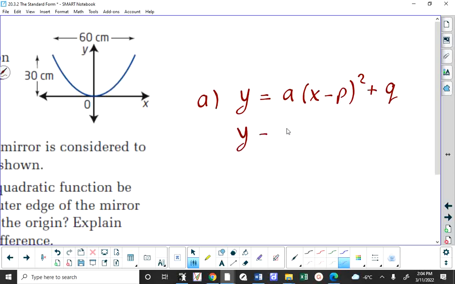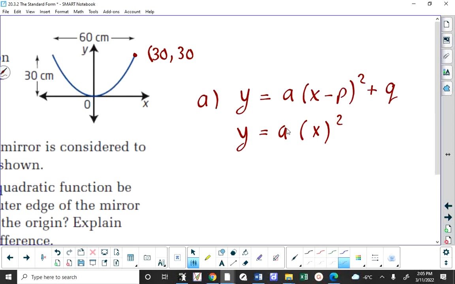Since p is 0 and q is 0 when the vertex is at the origin for question A, that's what the function becomes. This point here has a y coordinate of 30 because it's 30 centimeters tall, and it also has an x coordinate of 30 because 30 is half of 60.